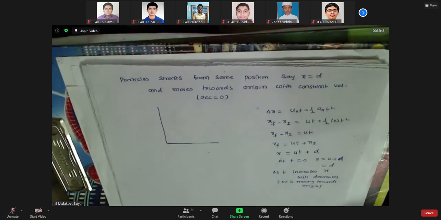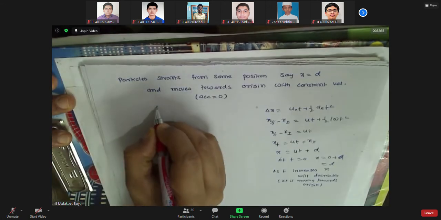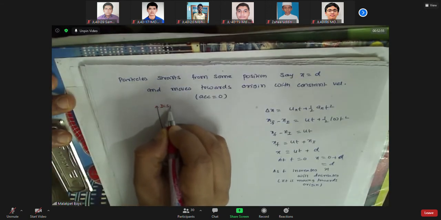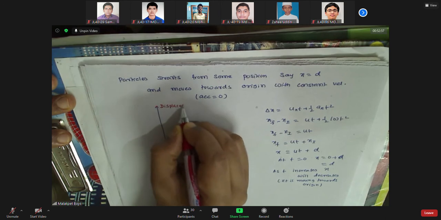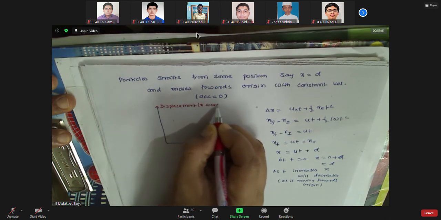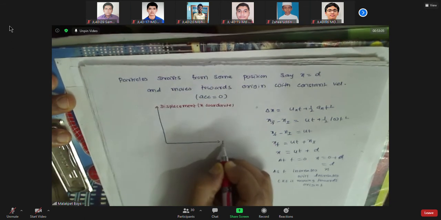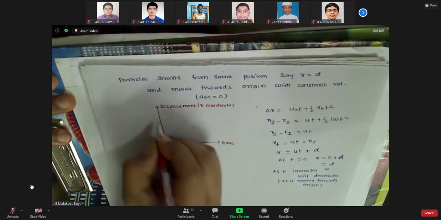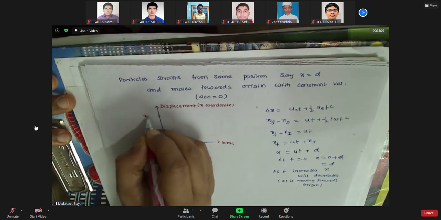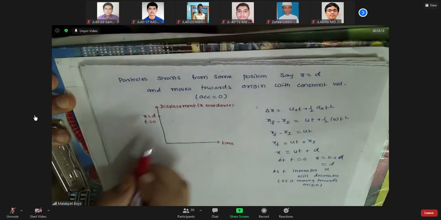Right. So here we take the displacement. Displacement means position. This is time. This is x equal to d at t equals 0.